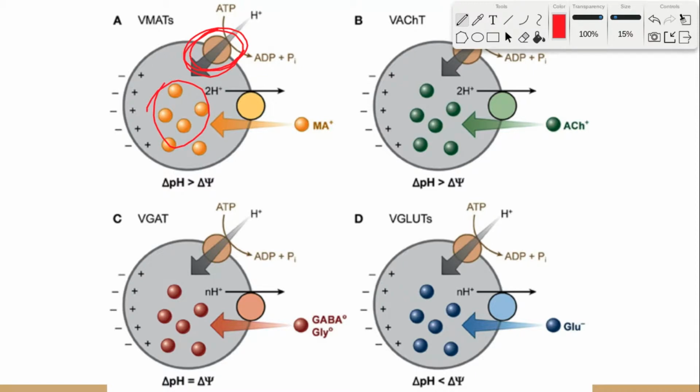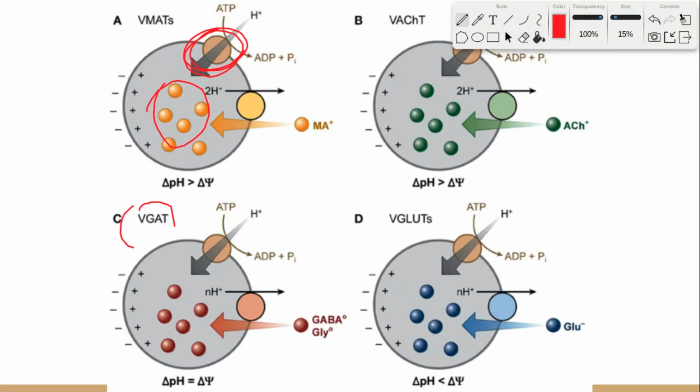VGLUT1, for example, uses a proton gradient to import glutamate. And interestingly, neurotransmitter transporters are often used to identify specific types of synapses. For example, if you want to pinpoint GABAergic synapses in, say, an immunohistochemistry experiment, you would use a fluorescent antibody towards VGAT.